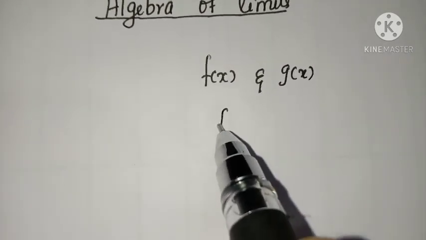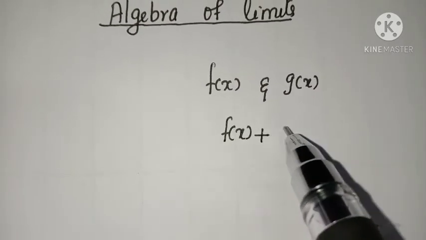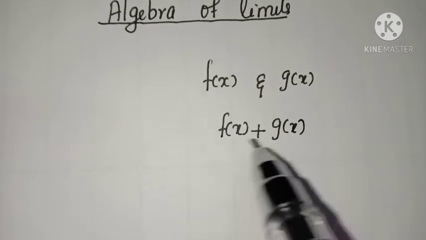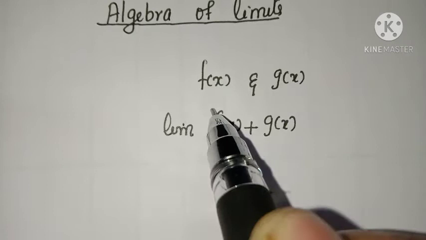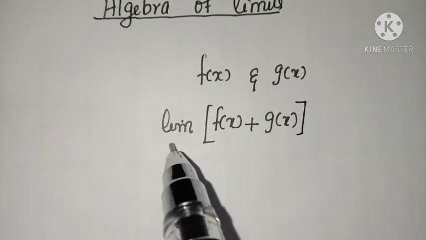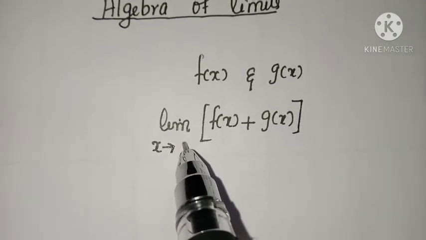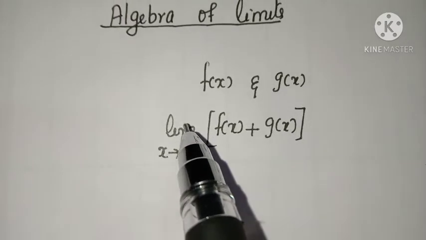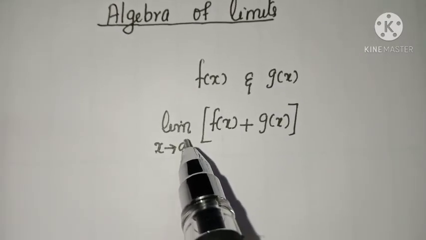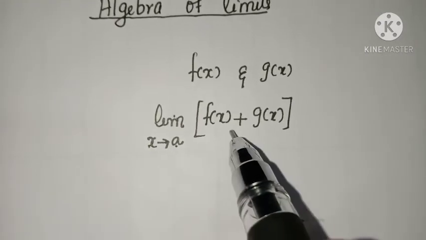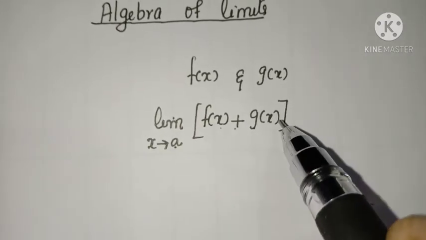First one is the sum of these two functions, f of x plus g of x. Our question is how to find the limit of this sum of functions when x equals a. Read it as limit x tends to a, where a is any constant, any number, of f of x plus g of x.